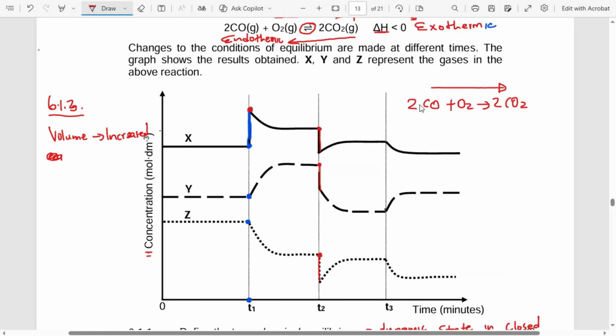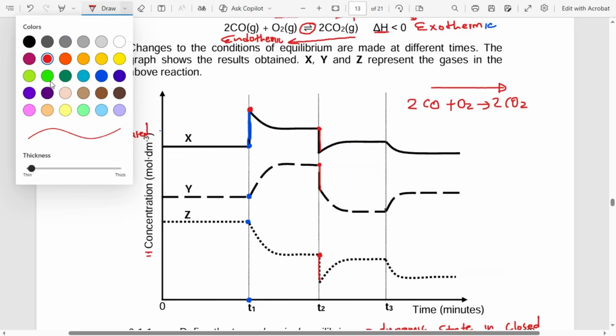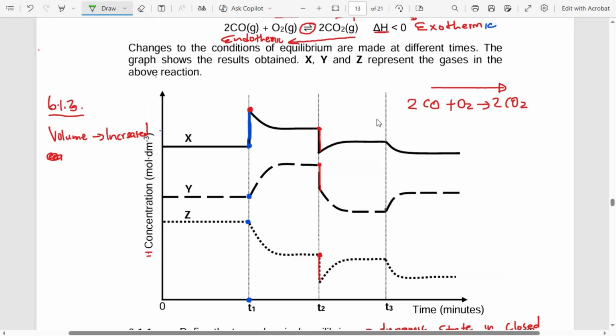So this CO, I'm going to indicate that with a different marker so that we can be on the same page. The CO decreased. Look at this. After this one is decreasing, which was the O2.